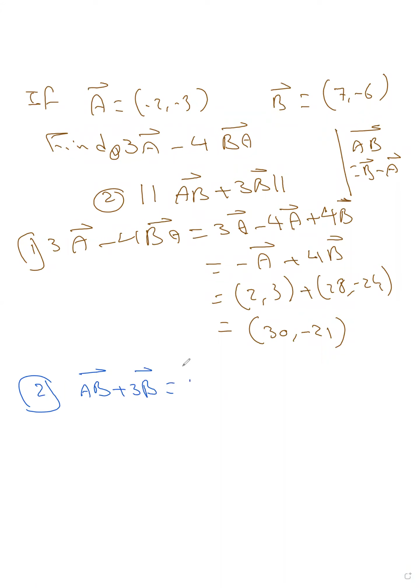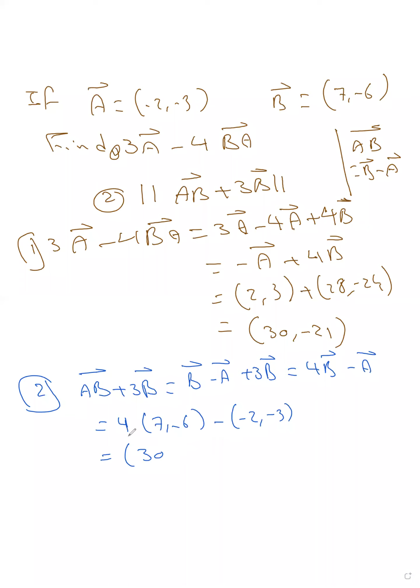AB means B minus A plus 3B will be 4B minus vector A، يعني 4 vector B which is 7 and negative 6 minus A and minus negative 2 and negative 3. 4 times 7 28 يعني 30. 4 times negative 6 negative 24 plus يبقى negative 21. negative 24 negative 21.